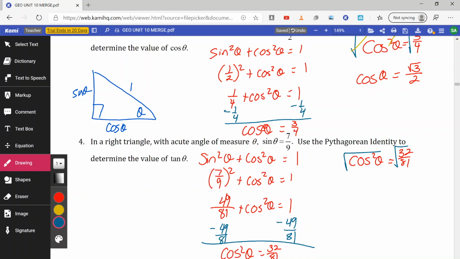That way the square root and the square will cancel out, so we have just cosine. And again, just like before, I have to take the square root of both numbers. Square root of 32 is just square root of 32. It's not a nice number that we can simplify. And then square root of 81 ends up being 9. So cosine theta is square root of 32 over 9.